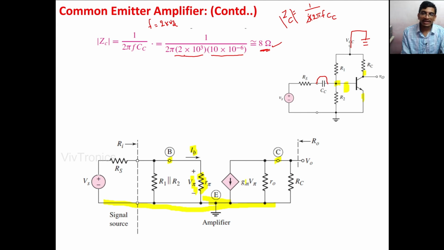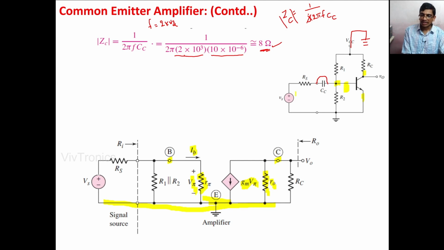At the output side of the equivalent circuit of a transistor, we have a gm V pi dependent current source, and the direction is from the C terminal to the E terminal, and we have an output resistance R0 from the C terminal to the E terminal. So we have represented the equivalent circuit of the BJT.